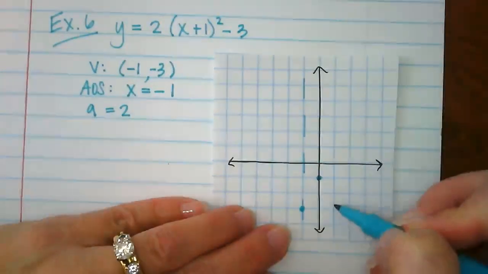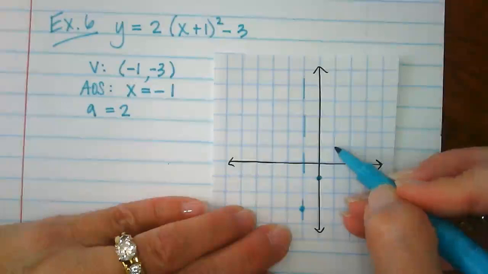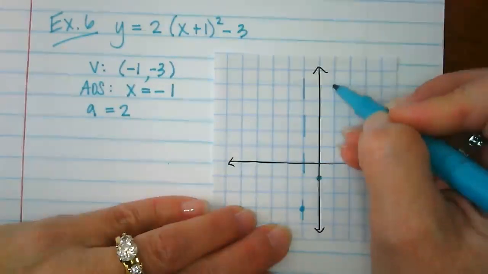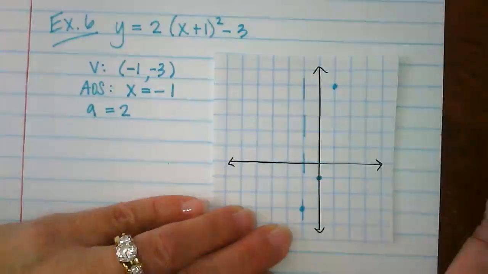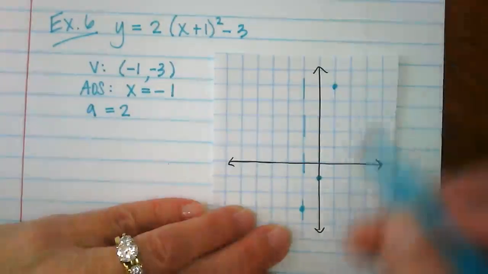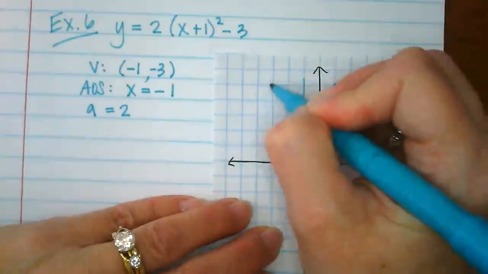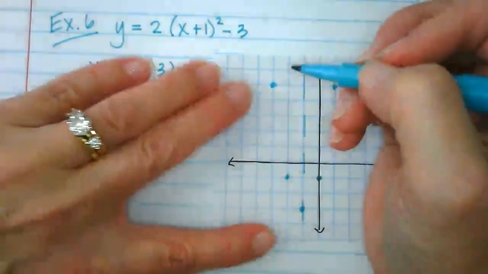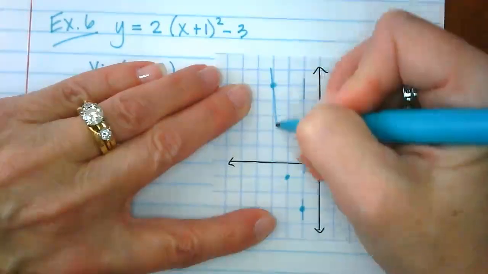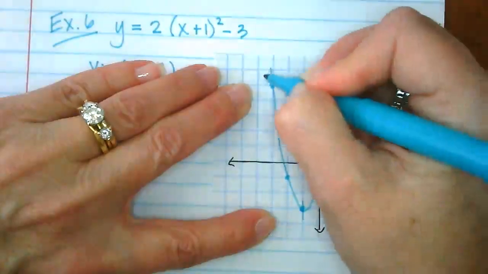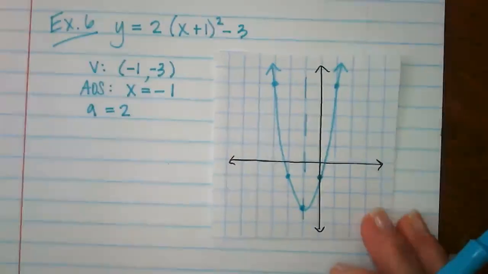Instead of going over 2 and up 4, I need to go over 2 and up 8. That's all that I can fit on this graph. I have mirror image points for these, and now I can sketch the parabola.